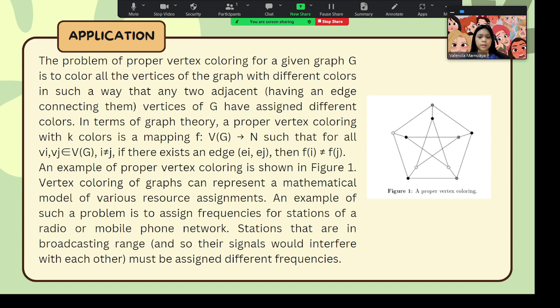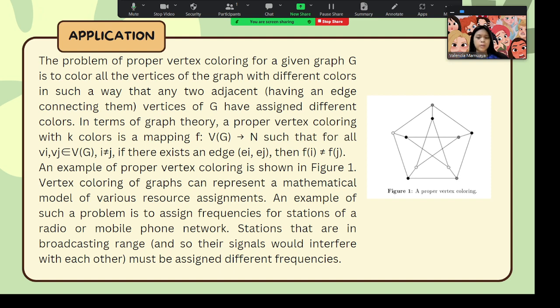from V(G) to N such that for all vertices vi, vj in V(G), if vi vj is an edge of G, then f(vi) is not equal to f(vj).